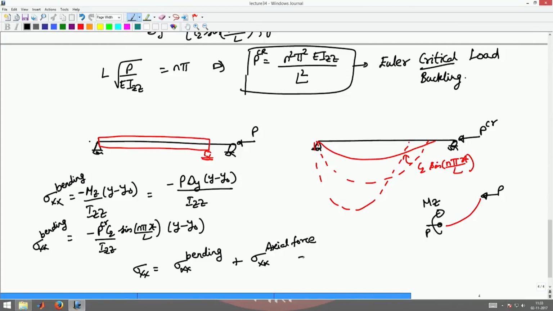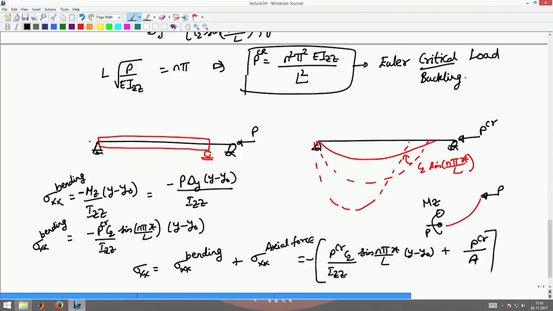That is going to give me sigma xx as P critical C2 sin n pi x by L divided by Izz into y minus y naught, plus P critical by the area of cross section.